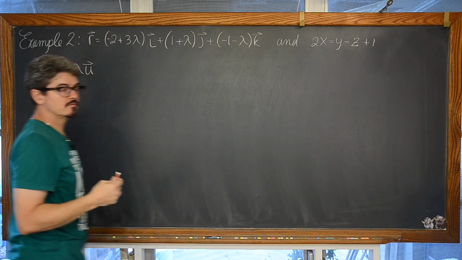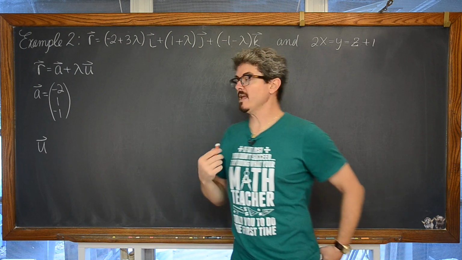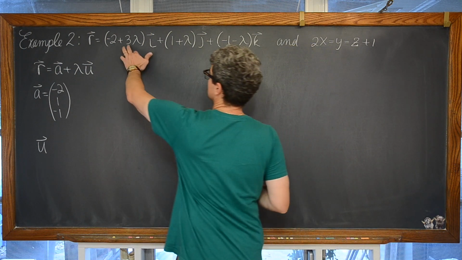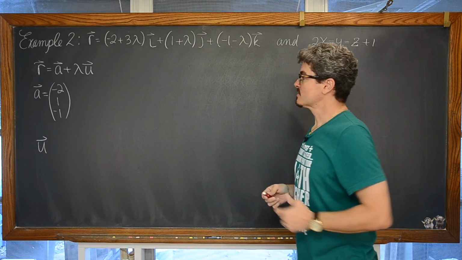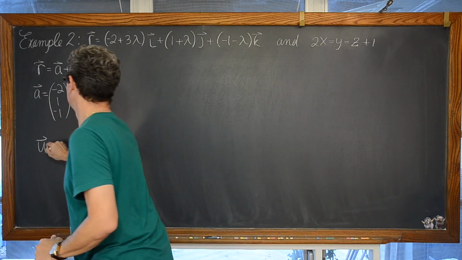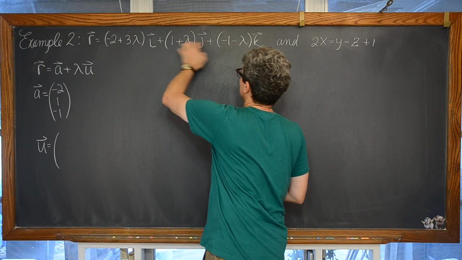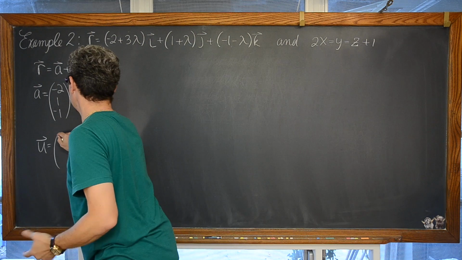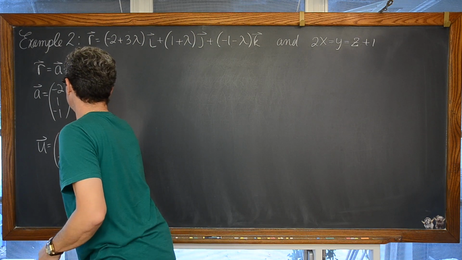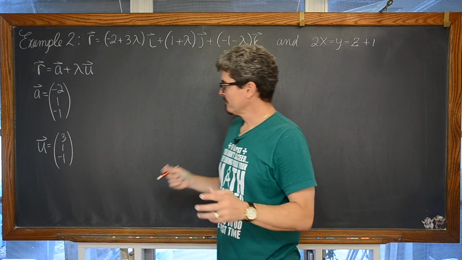And our directional vector that has that scalar multiple of lambda on it is, well, the coefficients of lambda. So our directional vector is 3, 1, and negative 1. Okay.